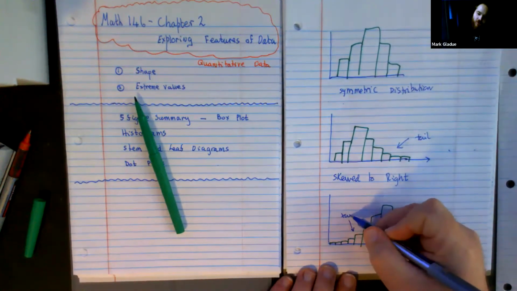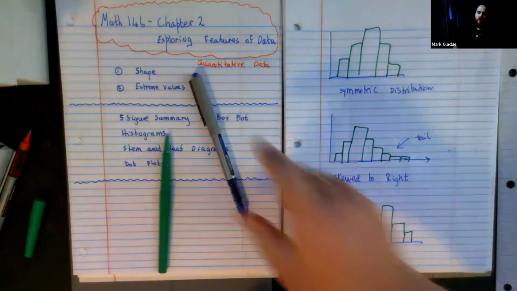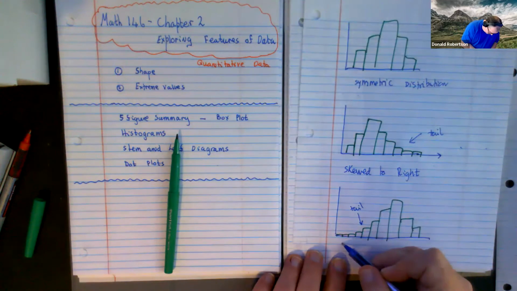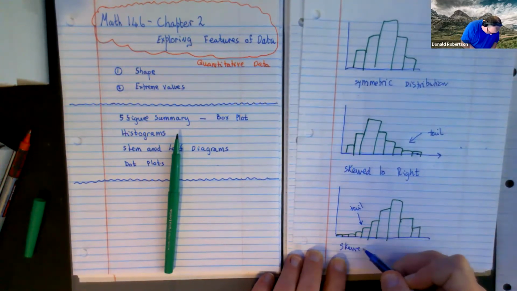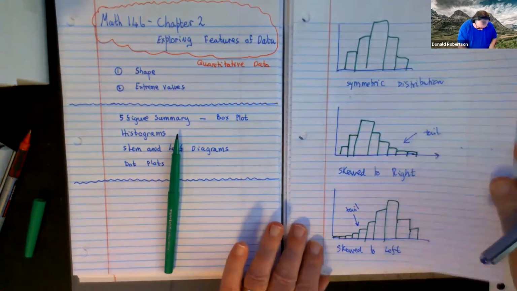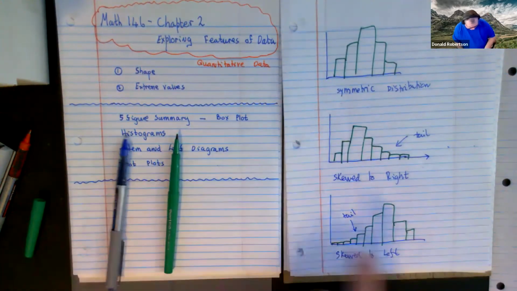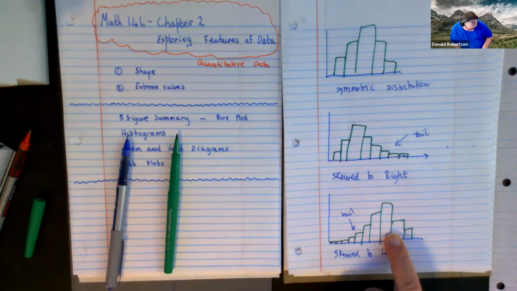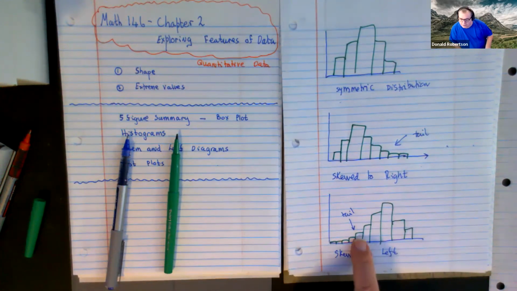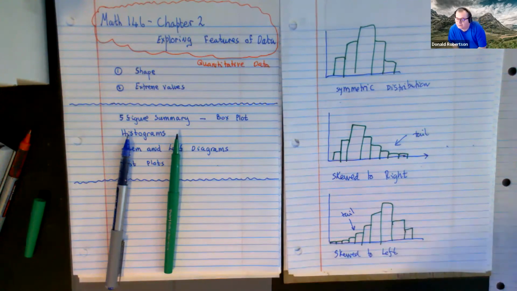Skewed to the left. Isn't it nice when things do what they're meant to do? That's exactly what we call them. So I guess in this particular situation, there'd be a lot of older people working for the company and not so many in the young ages, right?